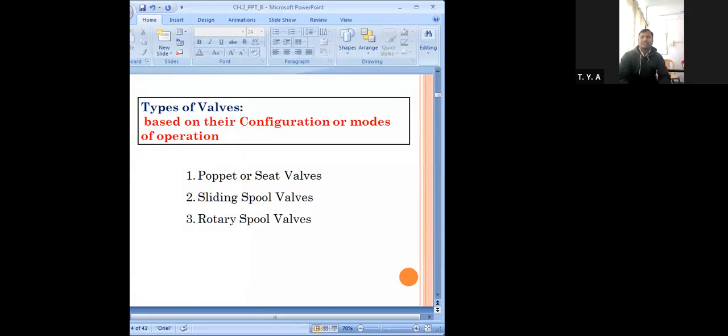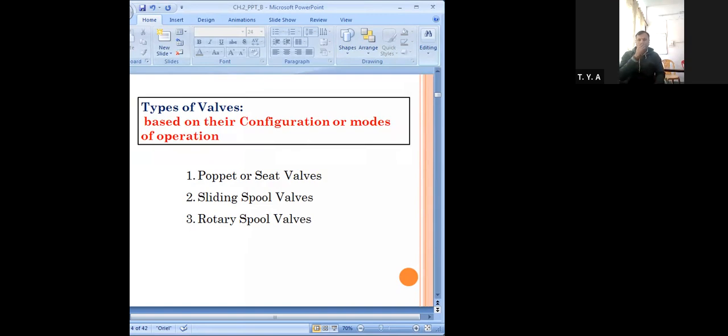Based on the configuration or modes of operation, these control valves are classified into three types. One is the poppet or seat valves, then second is the sliding spool valves, and third one is the rotary spool valves.